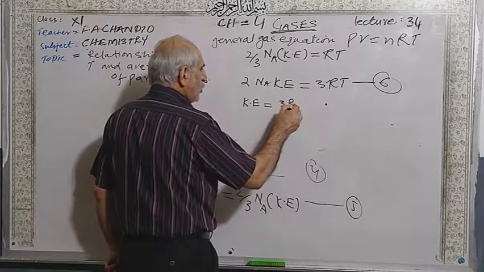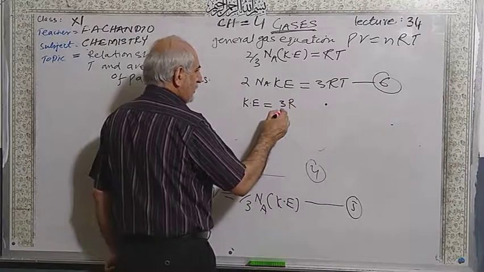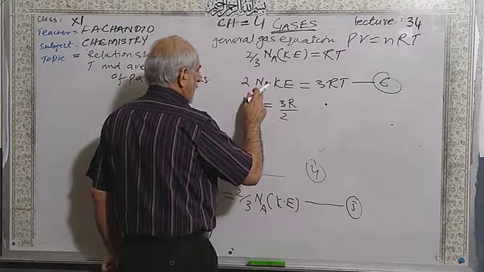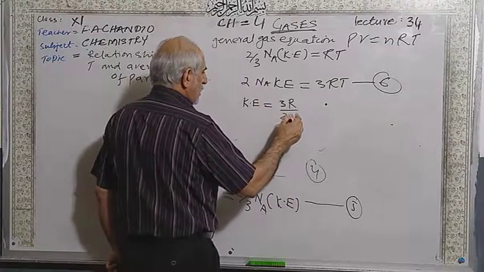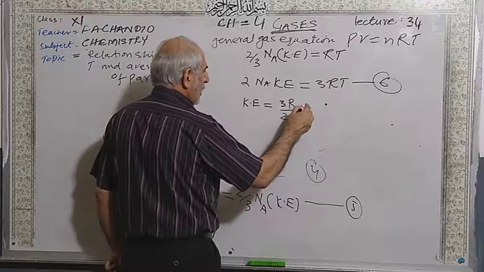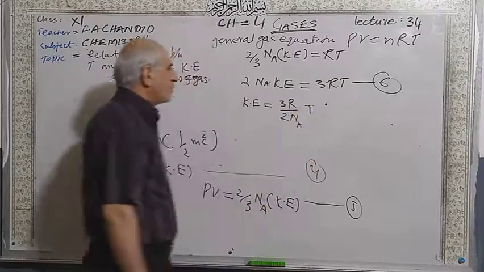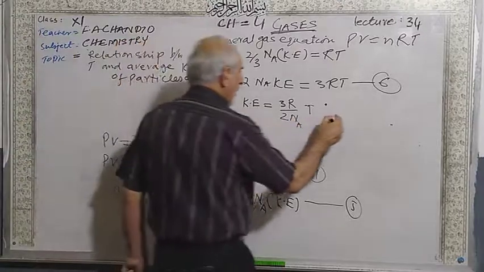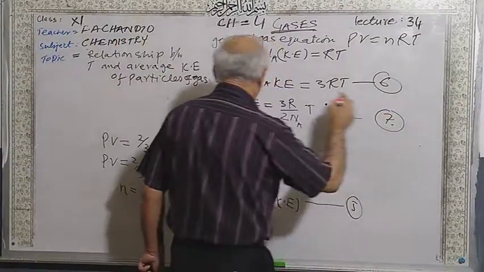R is the universal gas constant. 2 is a constant. Number of moles are constant. T. This is equation number 7.